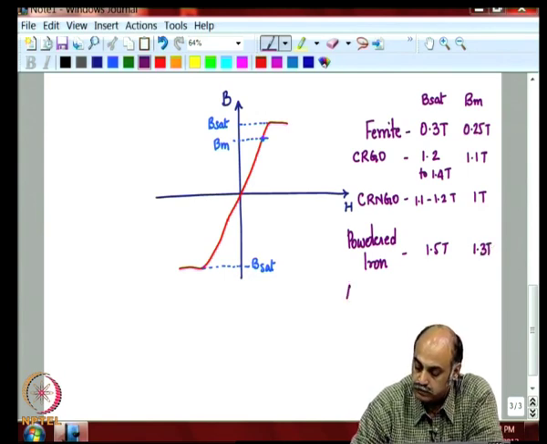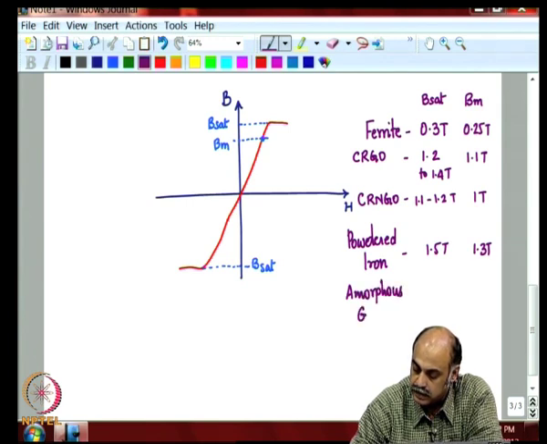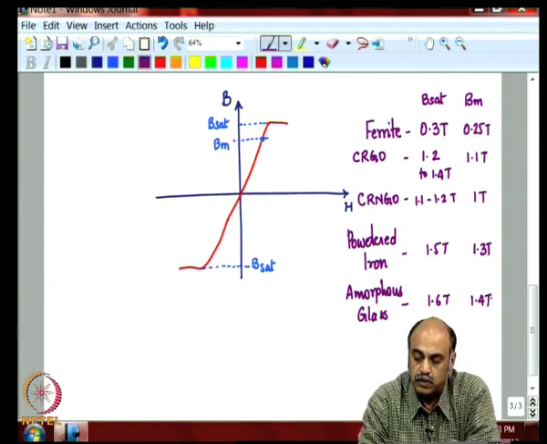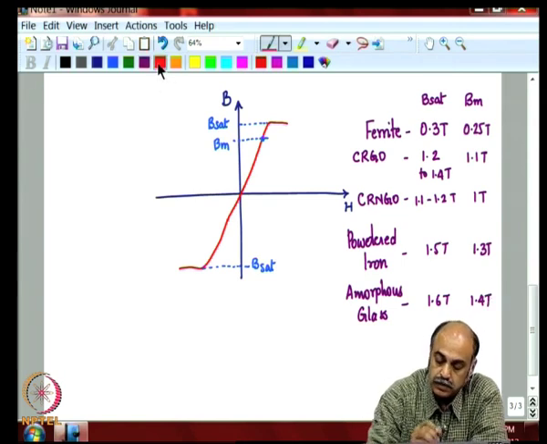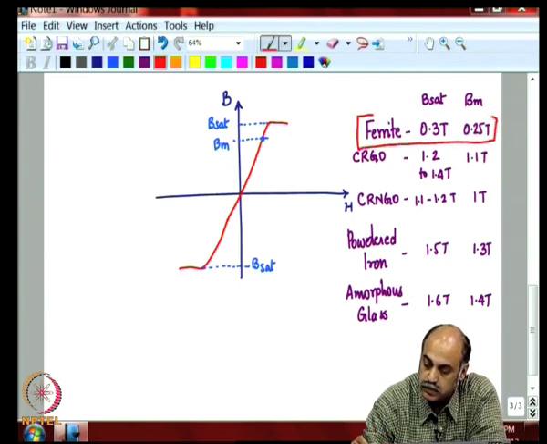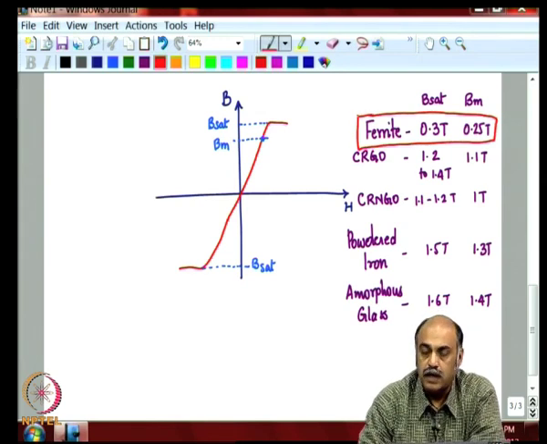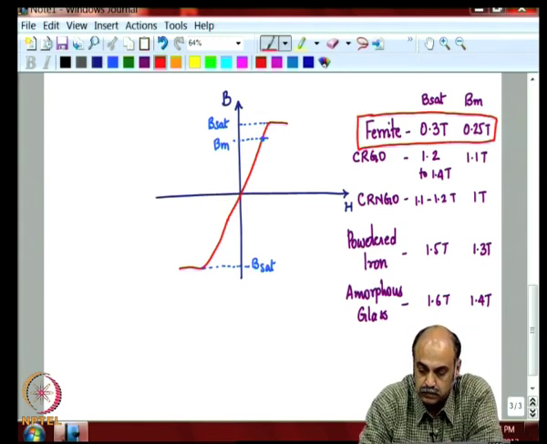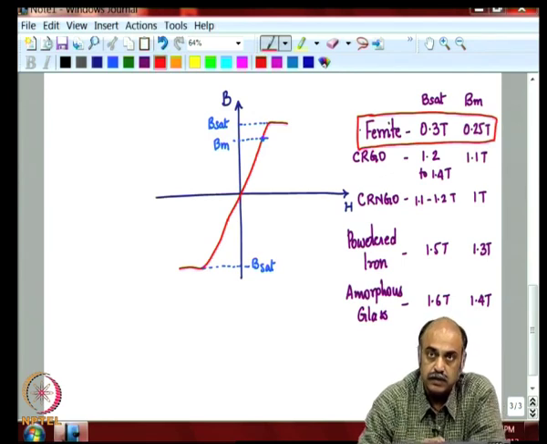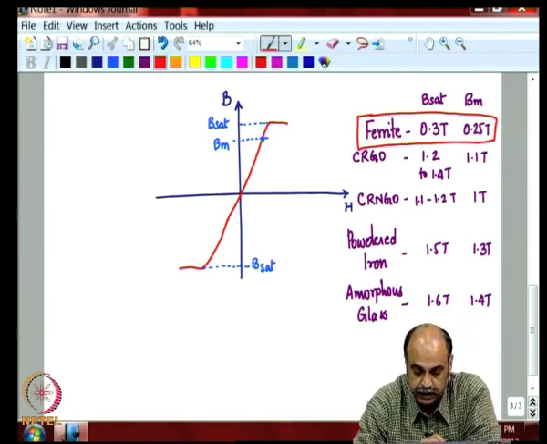You have the amorphous glass around 1.6 Tesla, and so on. There are so many materials, but most DC-DC converters use ferrites and operate at frequencies of the order of 20 kilohertz to 100 or 200 kilohertz, depending upon the characteristics of the ferrites.